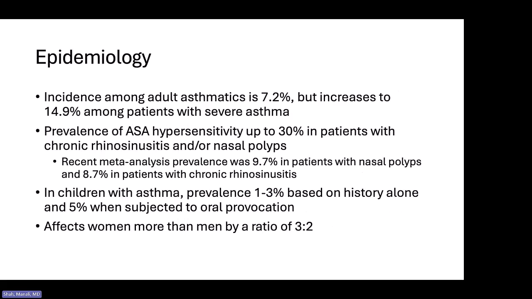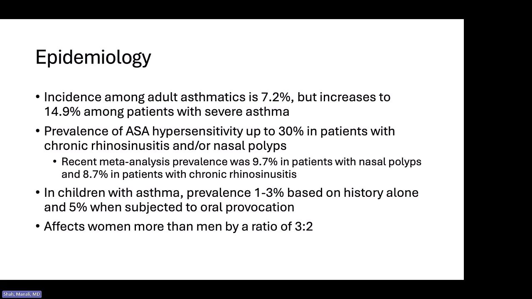Epidemiology is actually a lot more prevalent than I thought it would be, because I don't really see this even at our hospital, but it is definitely more common in adult patients compared to pediatric patients. The incidence, so the number of new cases in adult asthmatics, is 7.2%, but in patients who have severe asthma, that could increase to almost 15%.